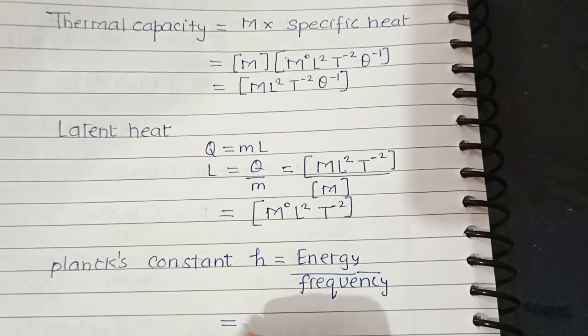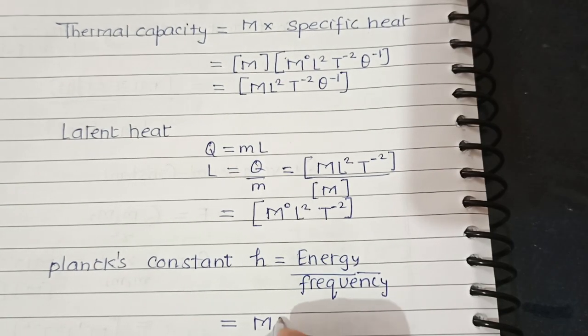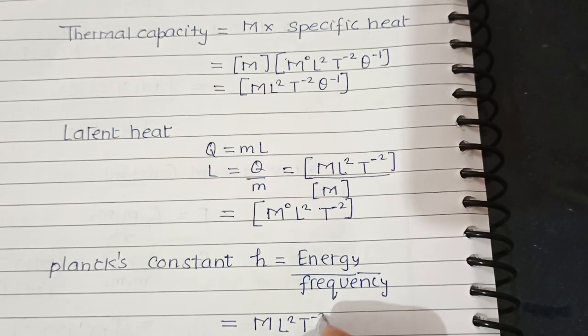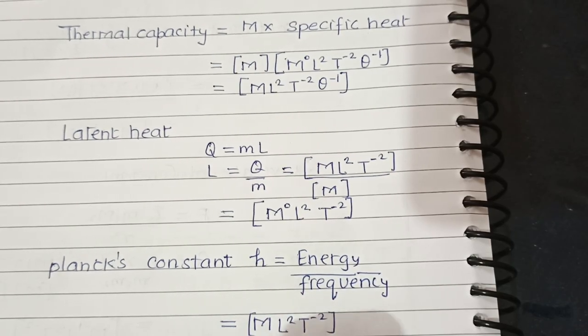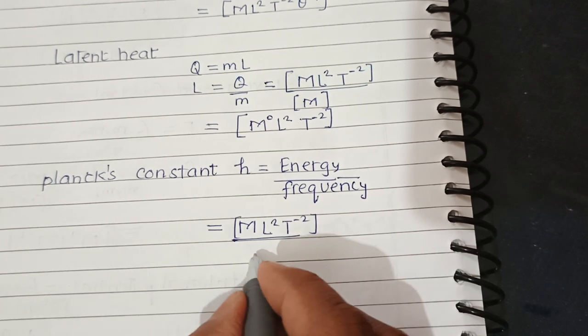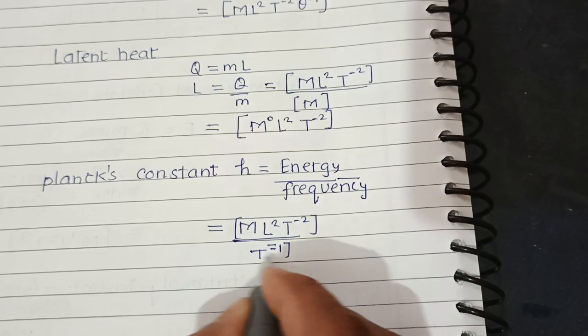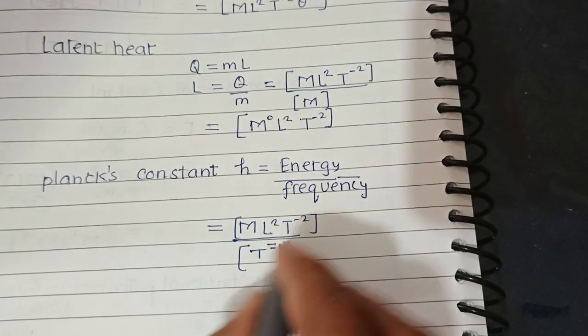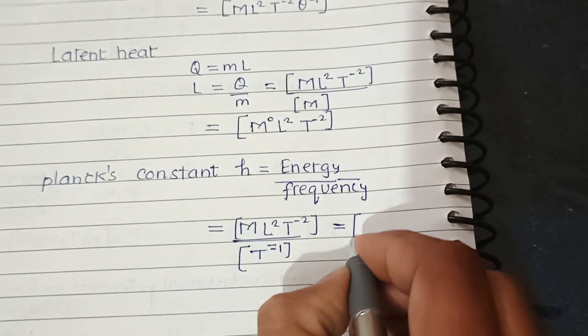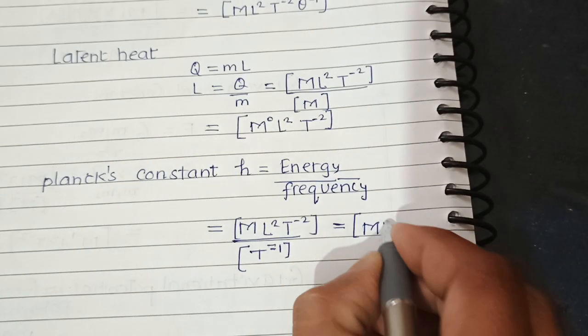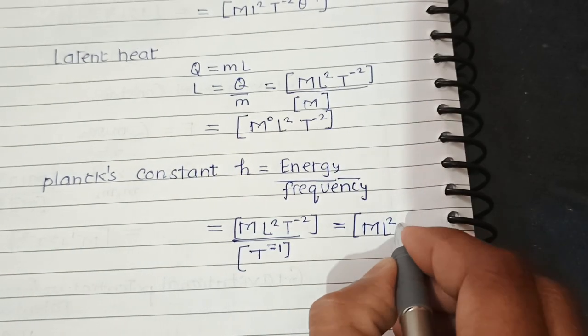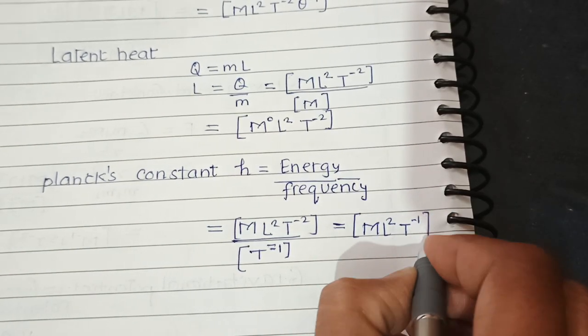So that is energy is m L square T minus 2 and the dimension of frequency is, I have already told you, T minus 1. So that is m L square T minus 1.